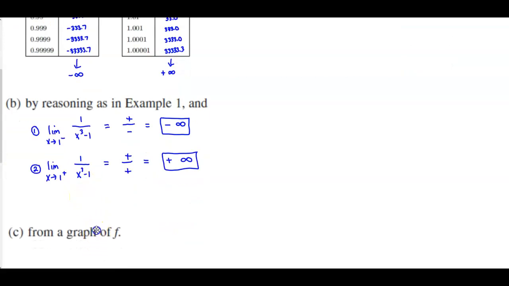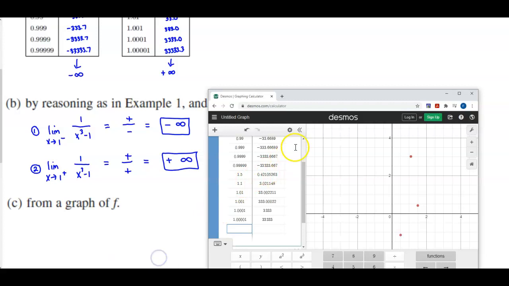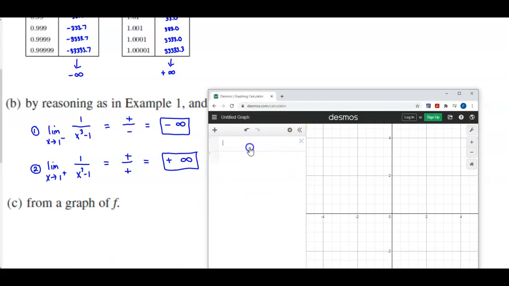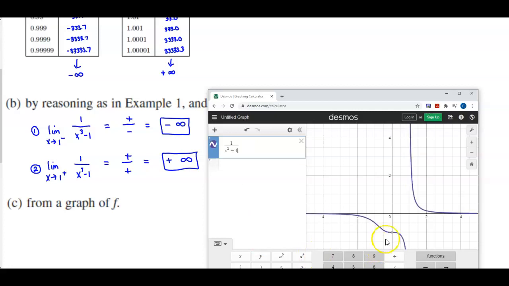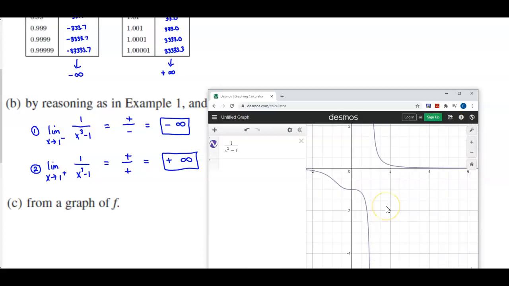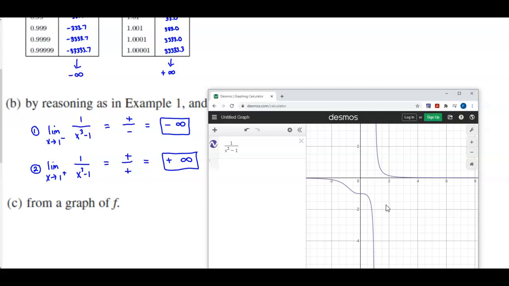So now we want to also see it from the graphing perspective. So let's go ahead and graph this function. Okay, so we'll go ahead and graph this function. So we have 1 divided by x cubed minus 1. Okay, so let's take a look at this function here.